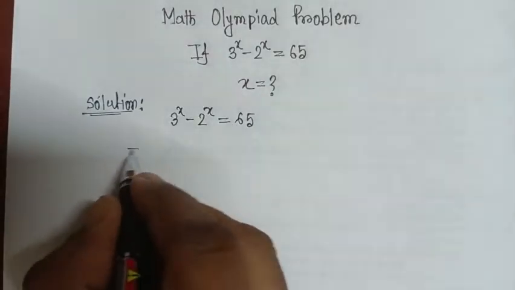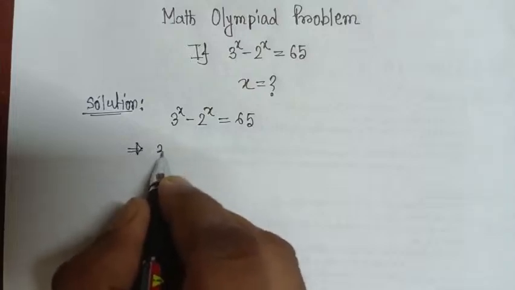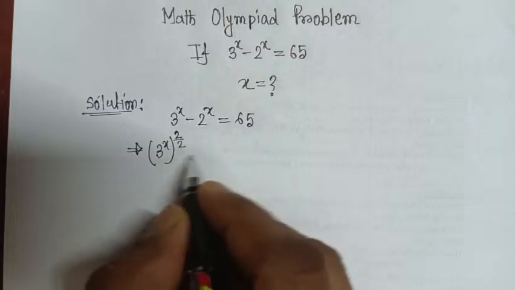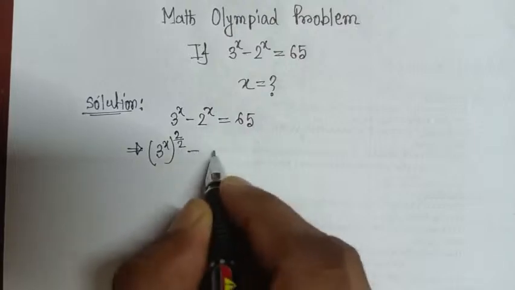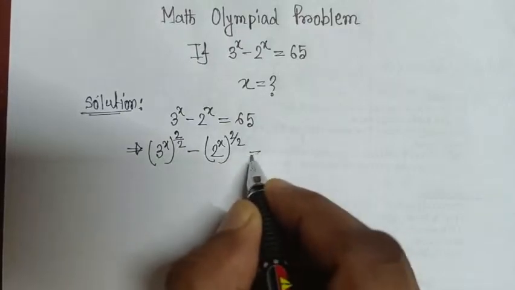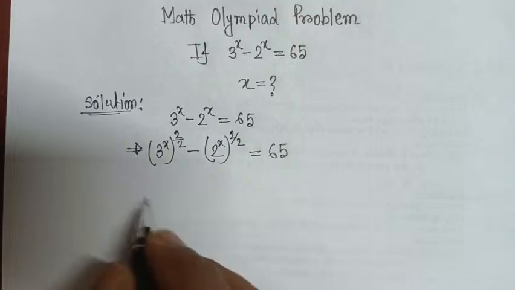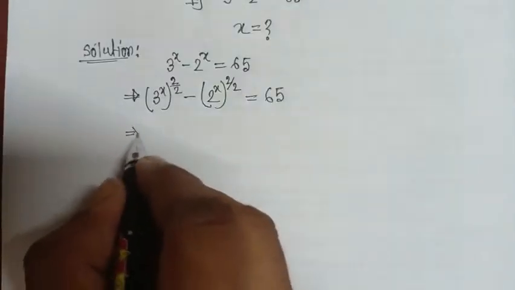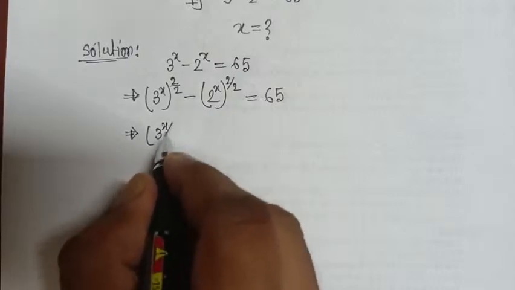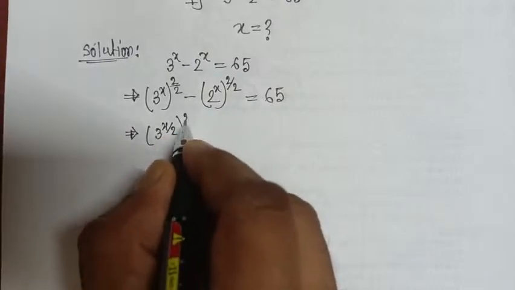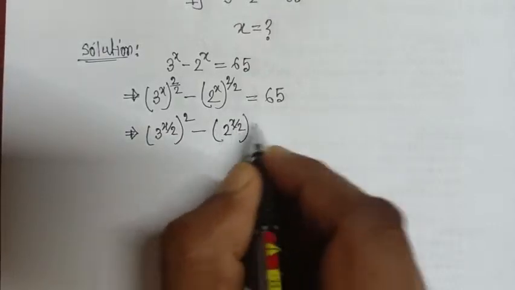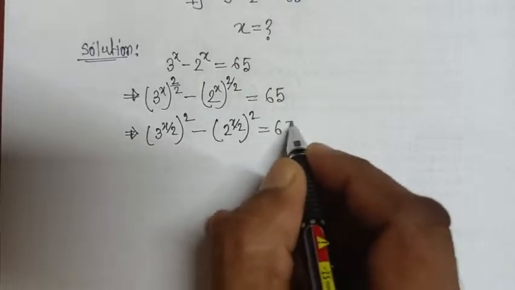Now we can write the expression as (3 to the power x/2) to the power 2 minus (2 to the power x/2) to the power 2 is equal to 65.